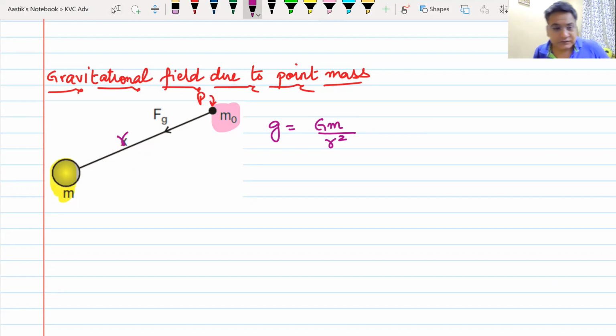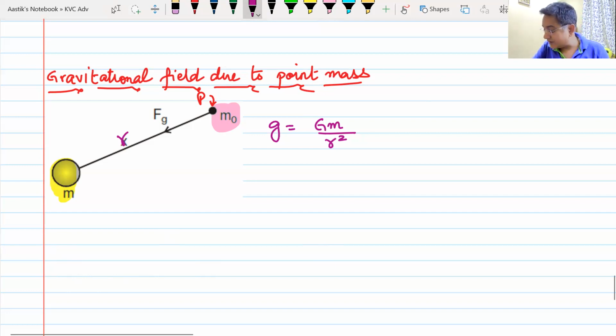Yes, sir. Now, sometimes you might want to write it in the vector form. So, if you want to write it in the vector form, you can draw a vector from the mass to the point.